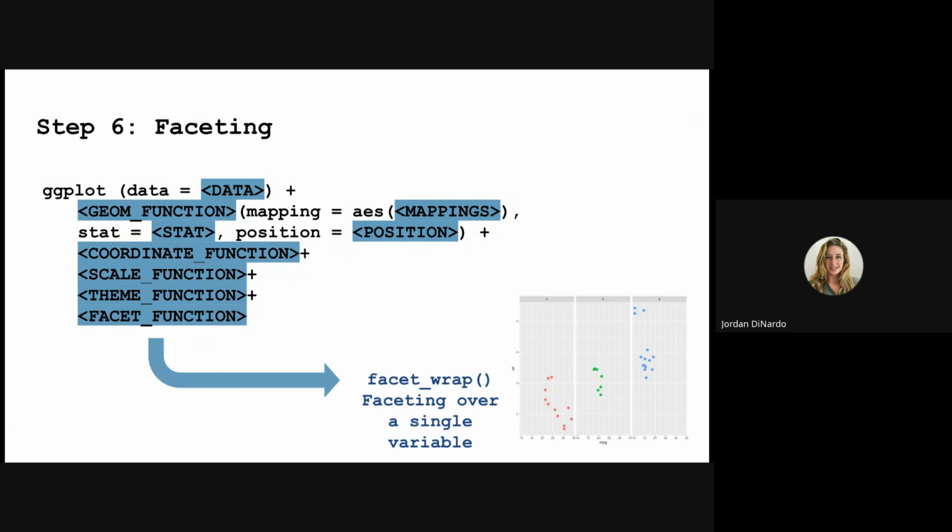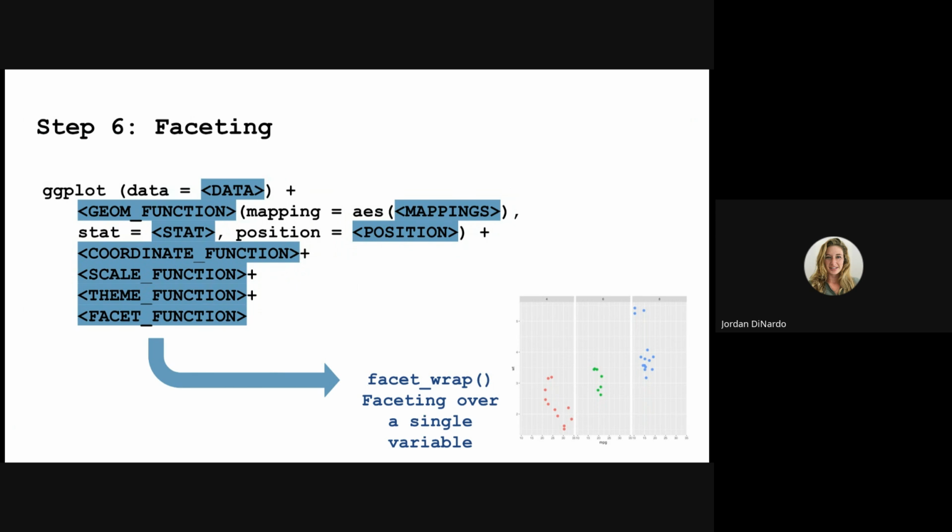Okay. And then finally, faceting. So this is when you want to facet over a single variable. So this is an example here. I'm sorry it's so small, but this is a generic data set within R. And this is showing miles per gallon versus weight. And it's over this group here of 4-cylinder, 6-cylinder, and 8-cylinder.